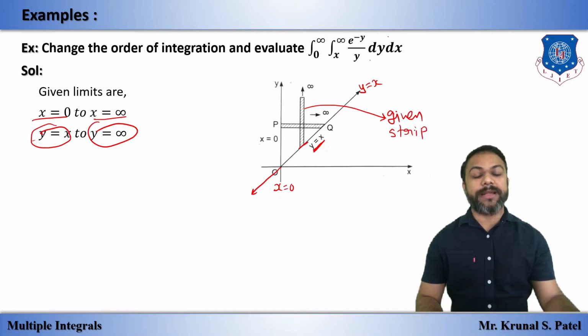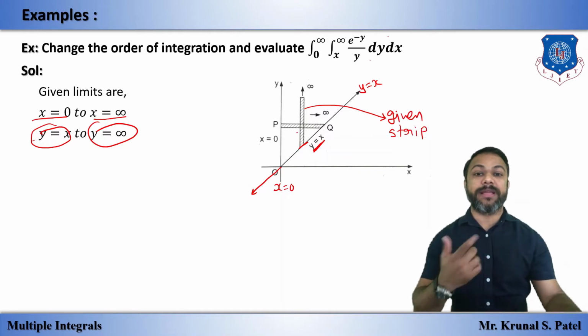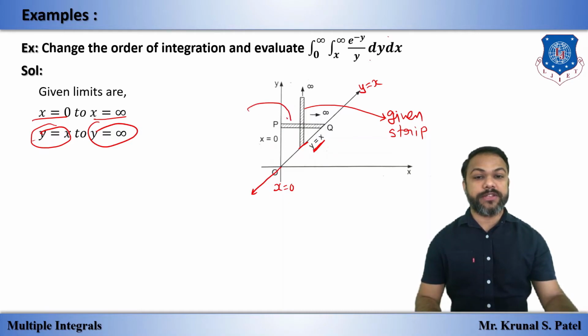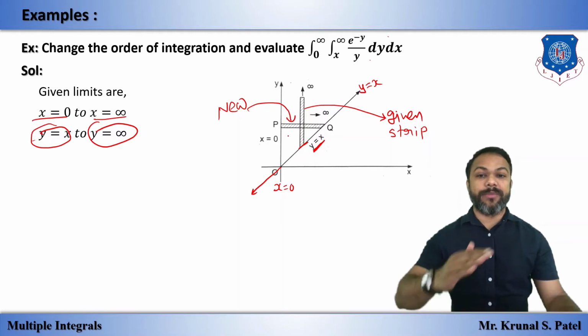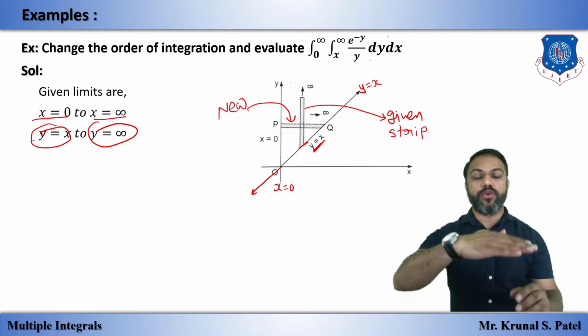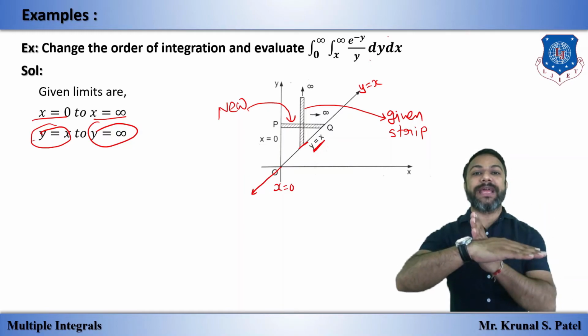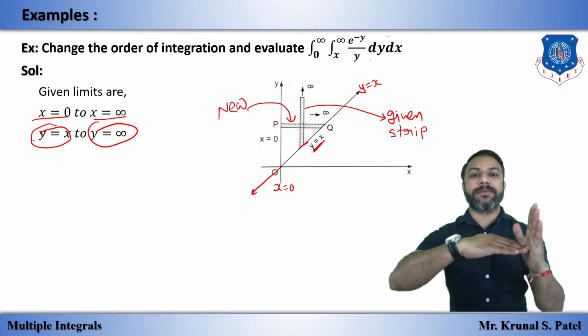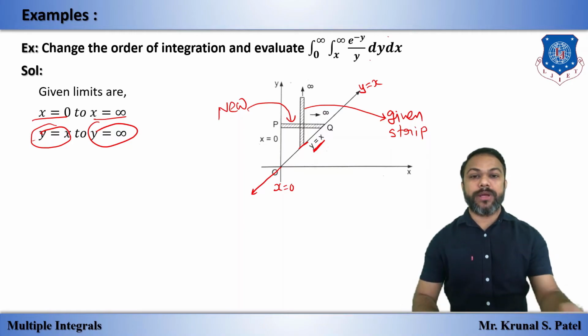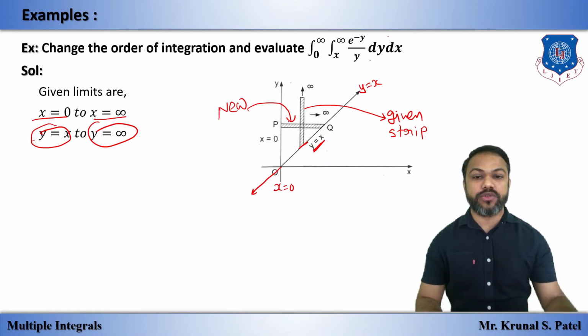Now this is vertical, and we have to make it horizontal. This is new. As per our previous lectures' rule, if we make it horizontal, then make x the subject from the left side and from the right-hand side. So from here x is equal to 0, and from here x is equal to y.